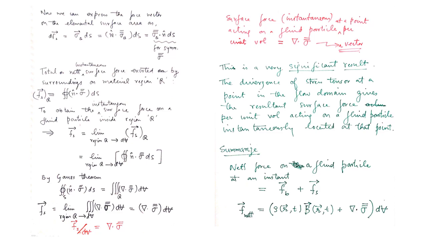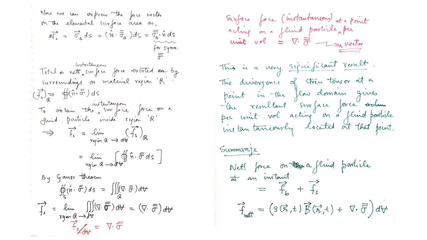So now, what is the physical meaning of del dot sigma, the divergence of the stress tensor at a point? It gives me the instantaneous surface force acting on a fluid particle at a point per unit volume, since the dV is taken to the other side.